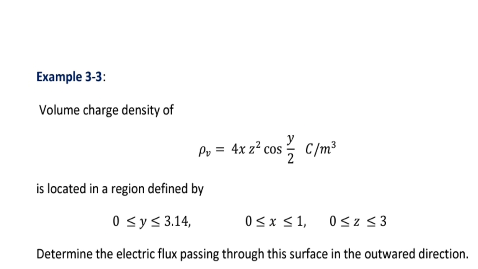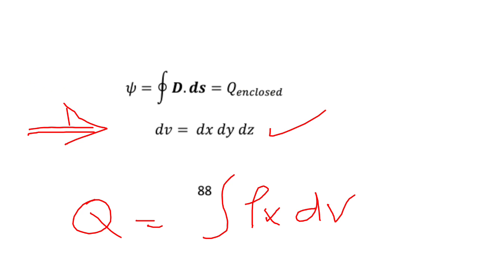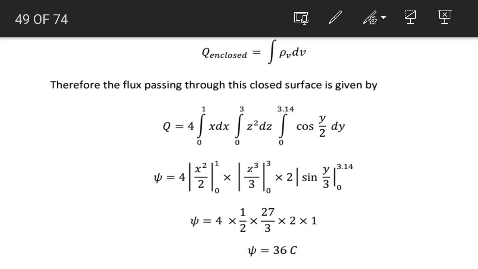Here is rho v. So rho v dv will be equal to 4x z square cos y by 2 dx, dy, and dz. So let us integrate it. The charge enclosed by the closed surface will be equal to the integration of rho v dv.